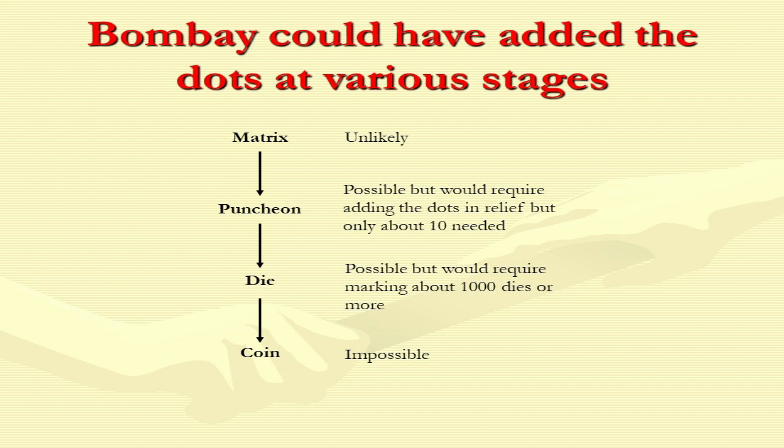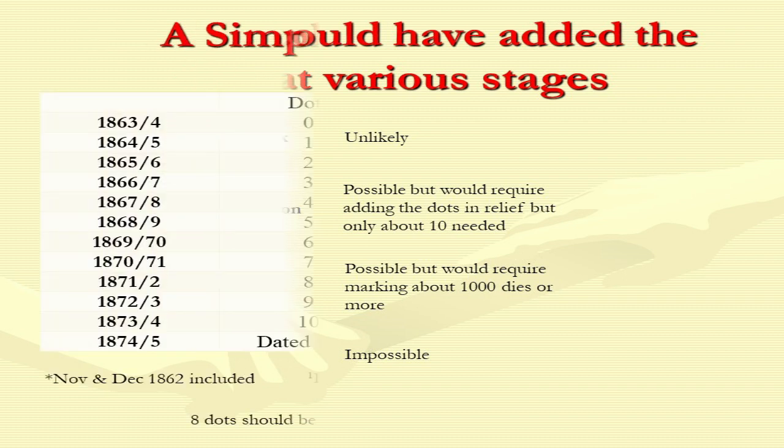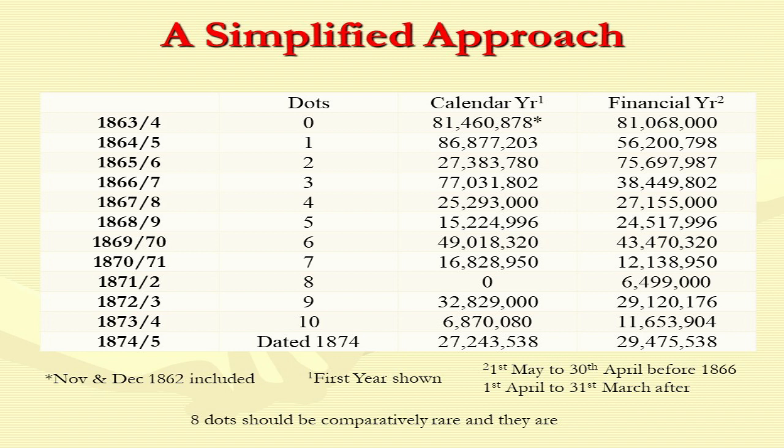So I just thought, well, Pridmore's thing is so complicated. Why, if I was adding dots to date things and I had to add the dots to 1,000 or 4,000 dies, I want to do a simple thing. So I'll just add one dot for 1864. You remember that's when he said they first started dating them. 2, 3, 4, 5, 6, 7, 8, 9, 10.